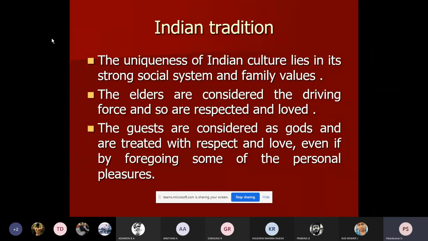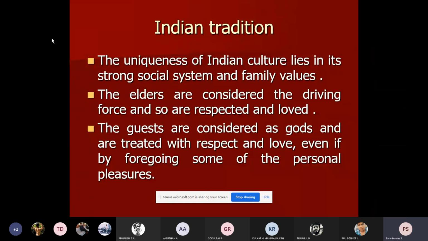In this Indian tradition, elders are considered the driving force, and that's the reason they are respected and loved by the children and their family members.